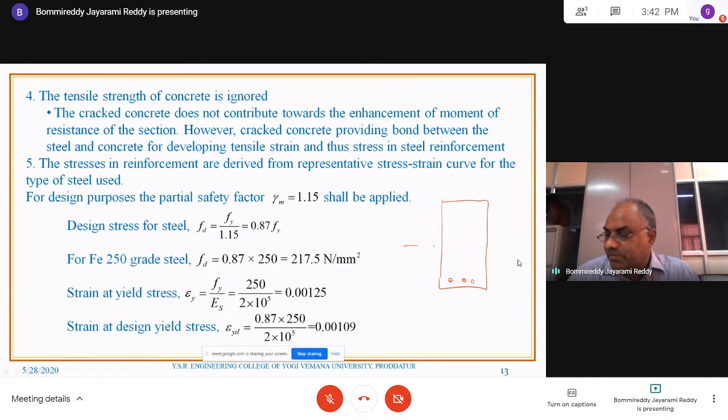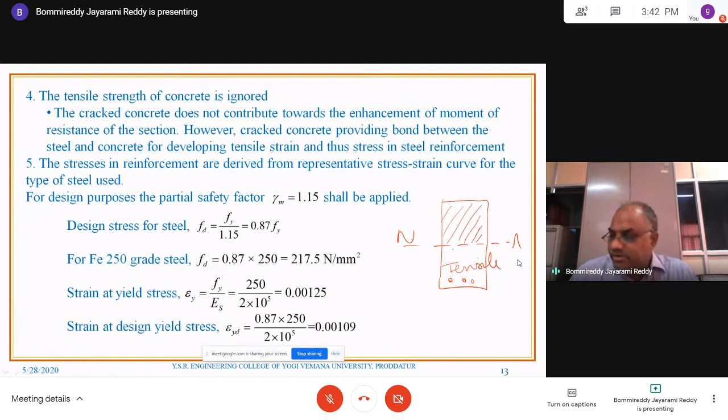If this is the steel reinforcement and this is the neutral axis, this entire area is not considered, only the concrete area on the compression phase is considered, as already discussed in the earlier class. The cracked concrete does not contribute towards enhancement of moment of resistance, because on the tension phase the nature of the stresses is tensile.